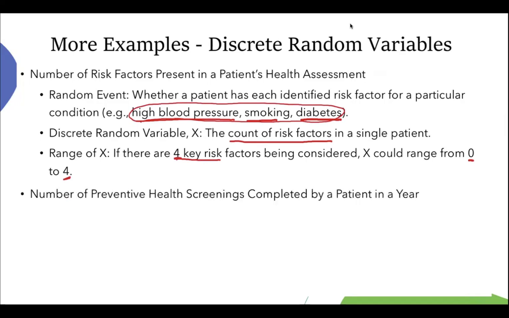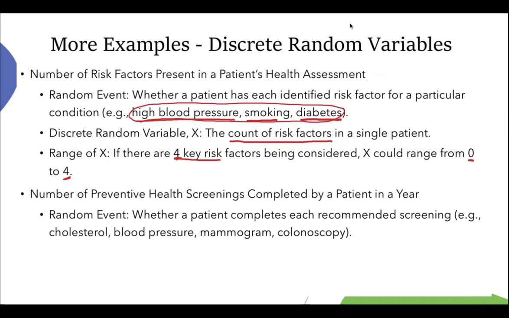Number of preventative health screenings completed by a patient in a year. So preventative health screenings are those things that are used for preventing sickness, things like mammograms, cholesterol screenings, blood pressure, colonoscopy, things like that.